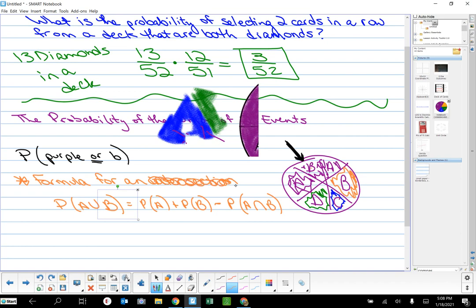That's incorrect. This is a union. What's actually happening here is a union. But we're taking the probability of A and the probability of B, but then we're subtracting off the intersection because of when this happens 2 times. Now, I mentioned to you earlier that an intersection means multiply.